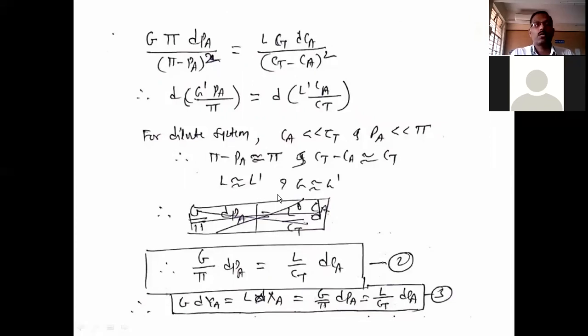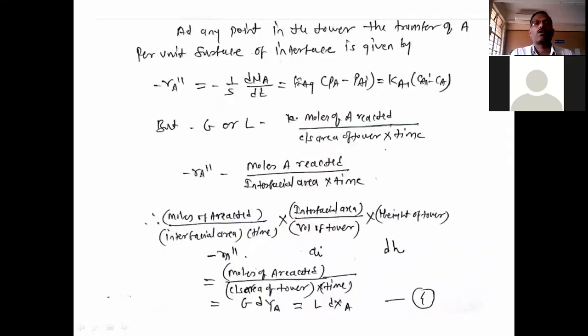Now, using this equation for tower design, we find the rate of reaction at any point in the tower. The transfer of A per unit interfacial area is given by minus Ra equal to minus 1 upon S into dNA upon dt.